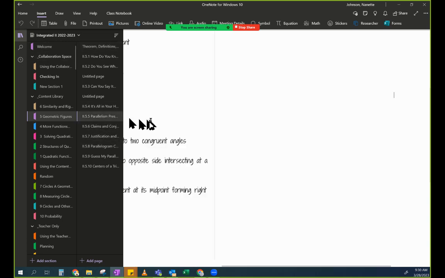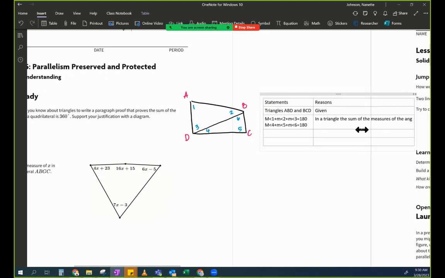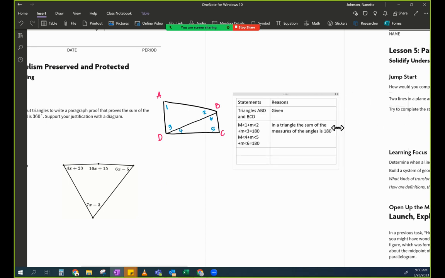So in a triangle, the sum of the measures of the angles is 180. You don't have to write it all out, but you have to give me the idea on why you can write that.